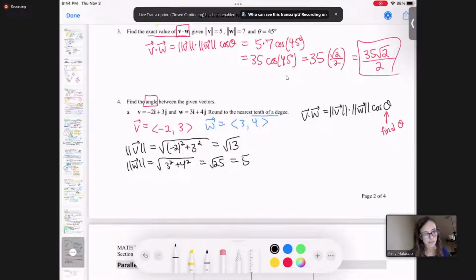It's just 5, right? And then V dot W, we can also calculate by using these component vectors here, right? So it's negative 2 times 3 plus 3 times 4. Right? And let's see, what is that? Negative 6, 12. Okay, so just 6. Okay. So now what do I have?